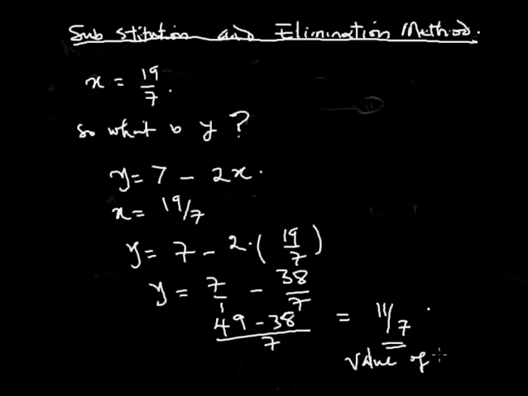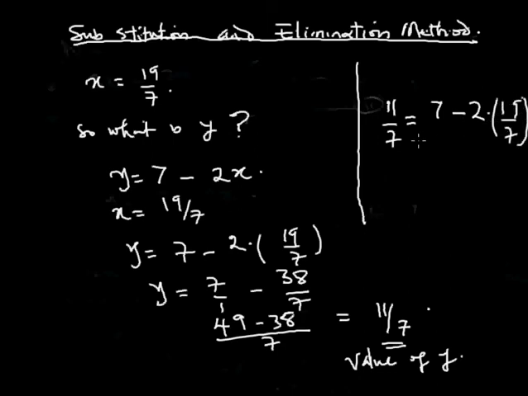To prove whether we are right with what we've got or not, all we need to do is so simple. We put the value of y, which is 11 over 7, is equal to 7 minus 2 times 19 over 7. If this is equal to this, which it is, that means what we are doing is correct.